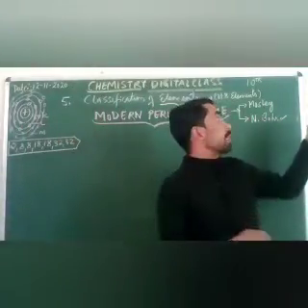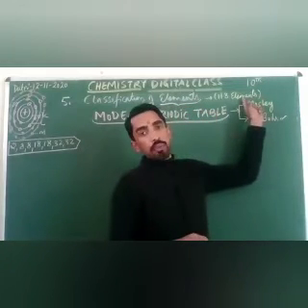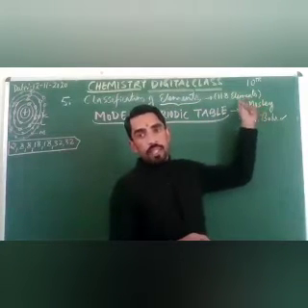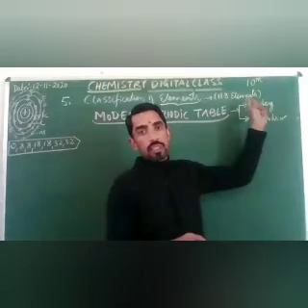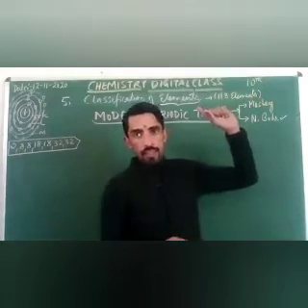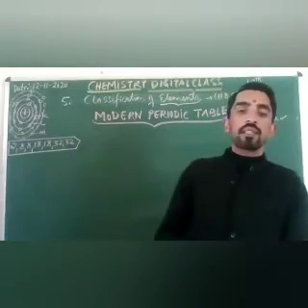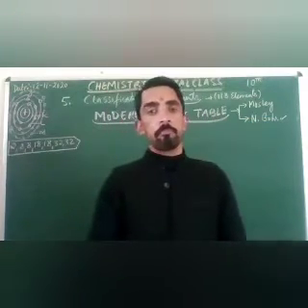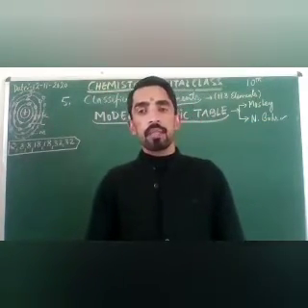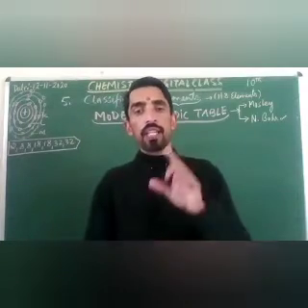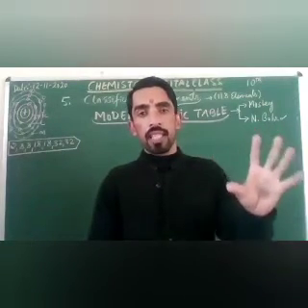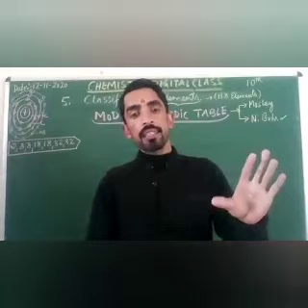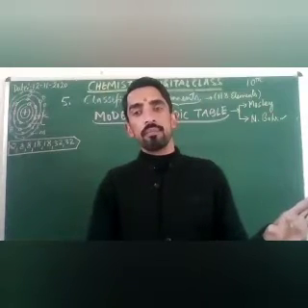If there are 118 elements, then 118 electrons will be there in the element whose atomic number is 118. For example, what is the atomic number of sodium? 11. If the atomic number of sodium is 11, it means that there are 11 electrons in sodium.